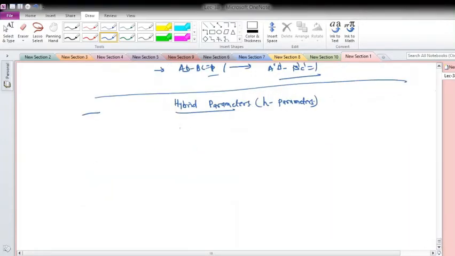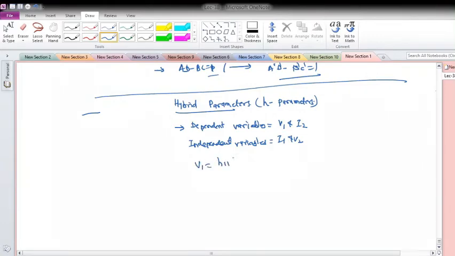For that, what will be my dependent variables and independent variables? Let me define that. Dependent variables will be V1 and I2, and independent variables will be I1 and V2. So from that I can write the dependent variable V1 is equal to H11 I1 plus H12 V2, and next I2 will be H21 I1 plus H22 V2.